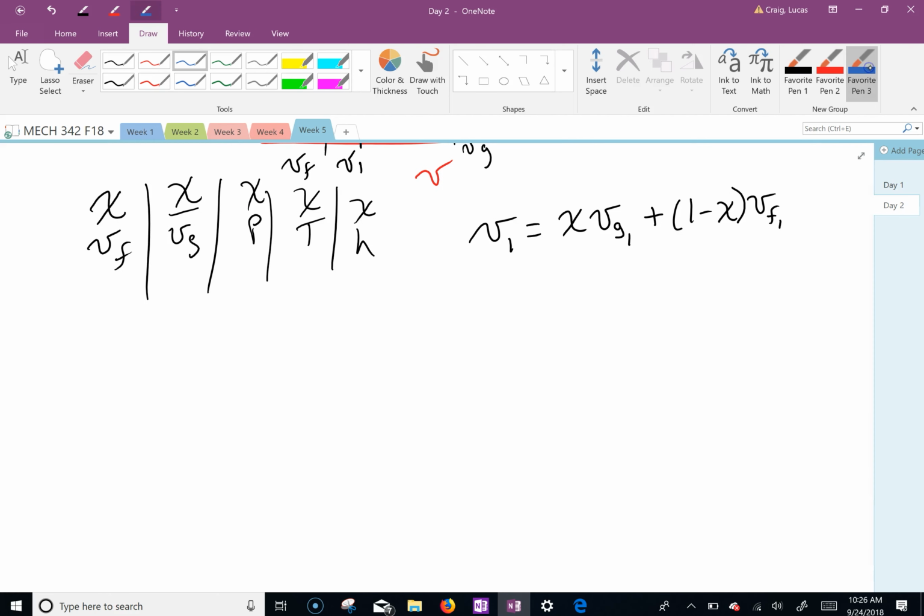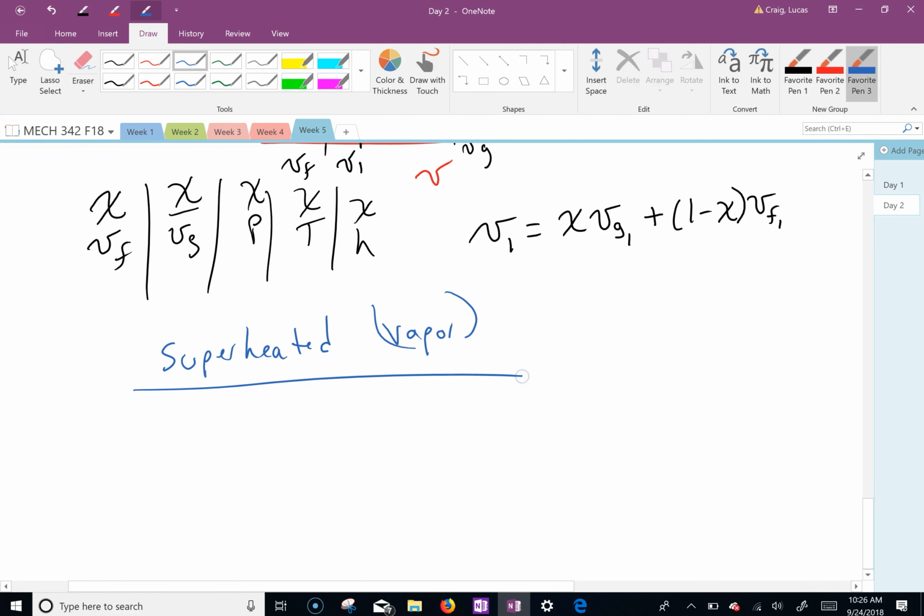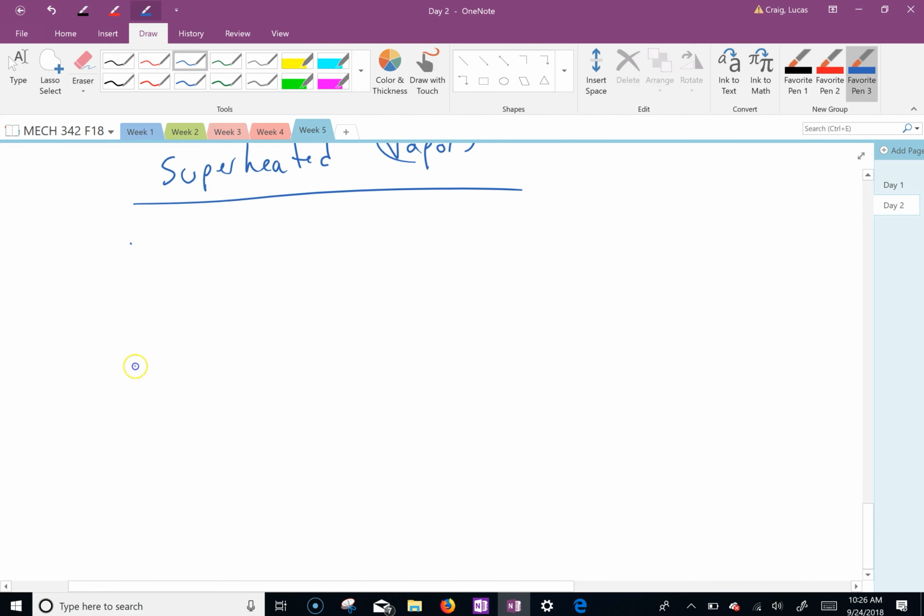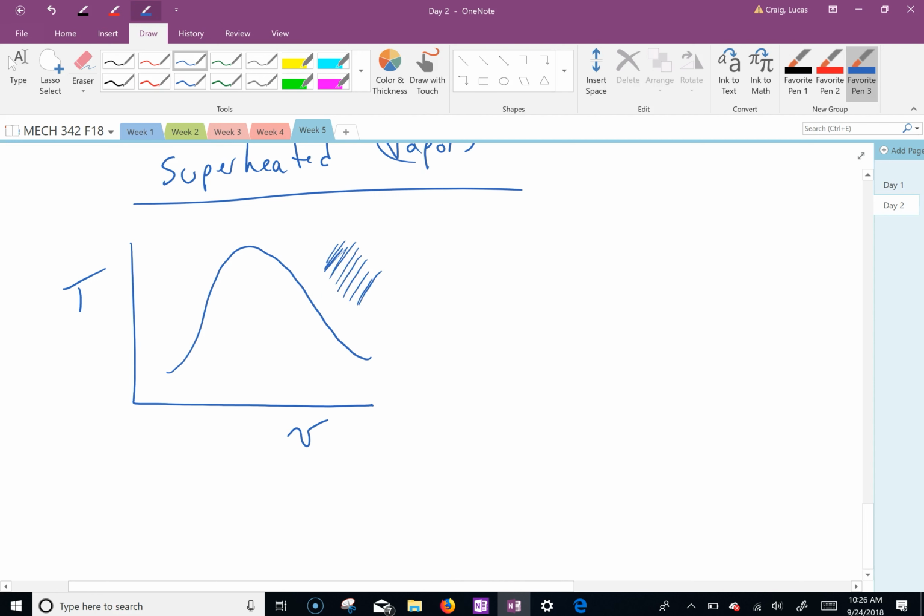Let's look at the superheated vapor, or superheats, whatever. So over here to the right, you want to use A6 for H2O, so for water.